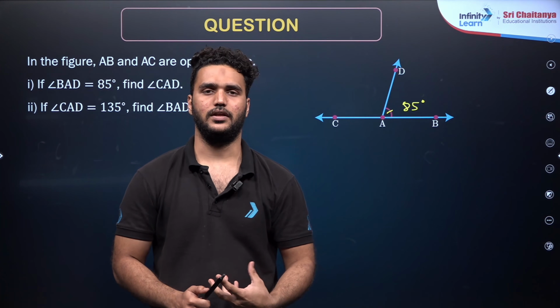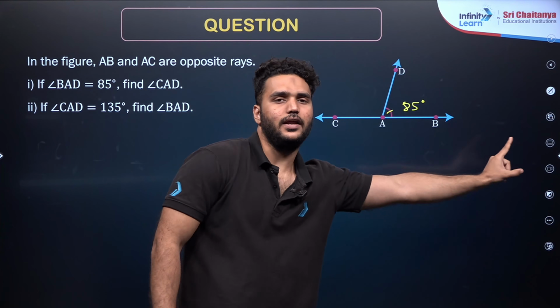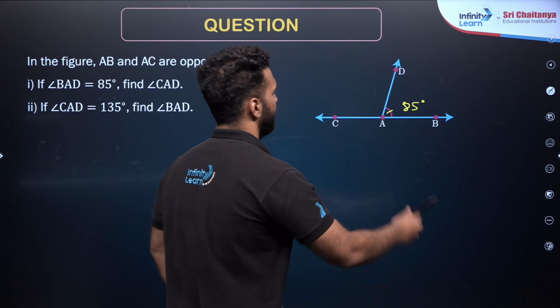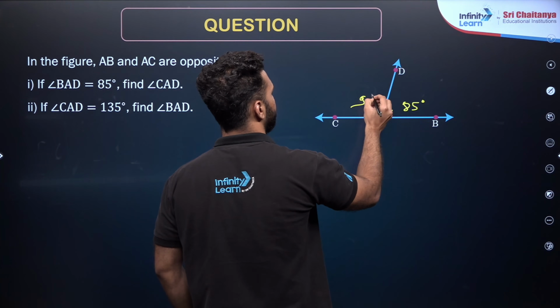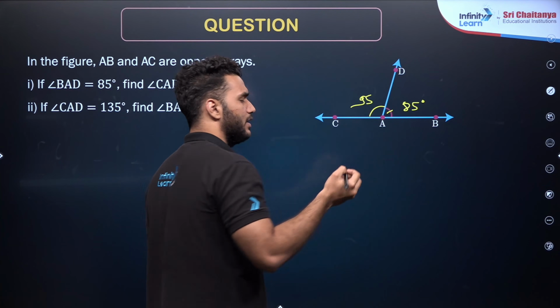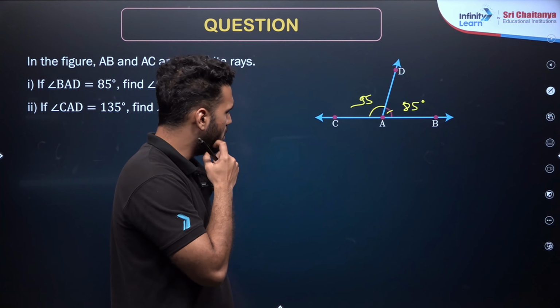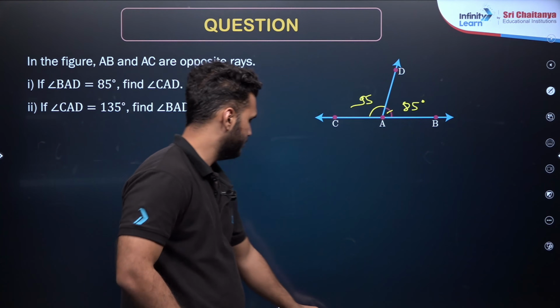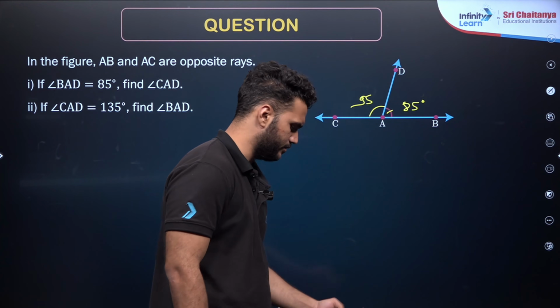Both have the same meaning. So it will make a linear pair, and this angle will be 95. Why? The sum of them should be 180. So 180 minus 85 is 95, that's right.